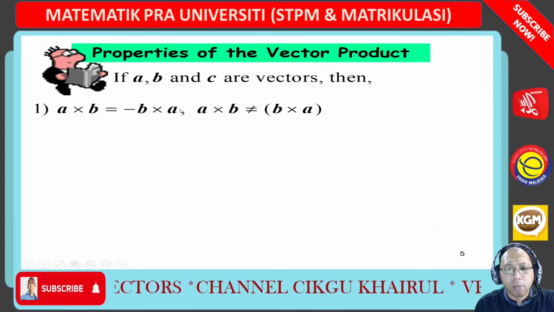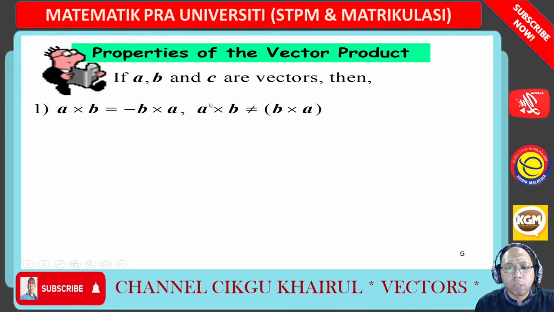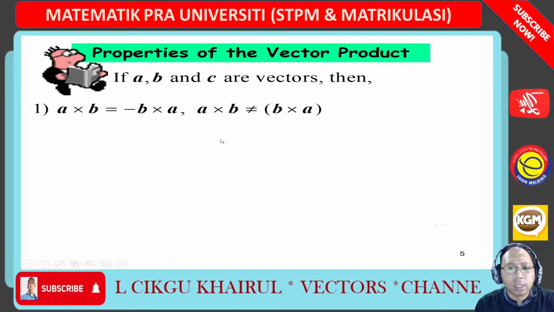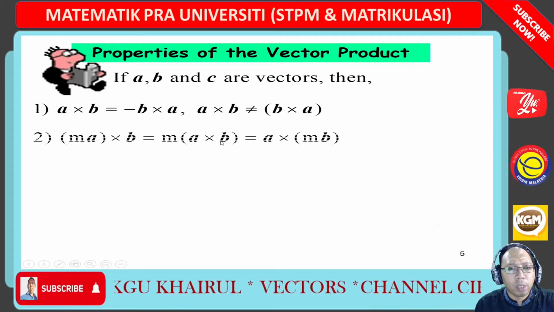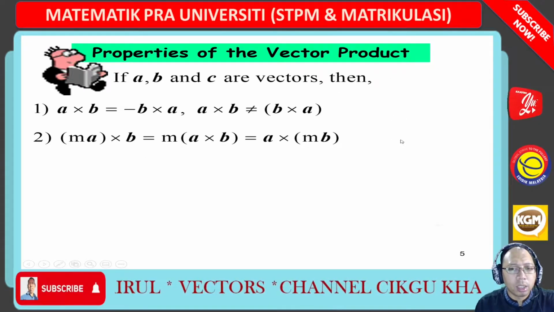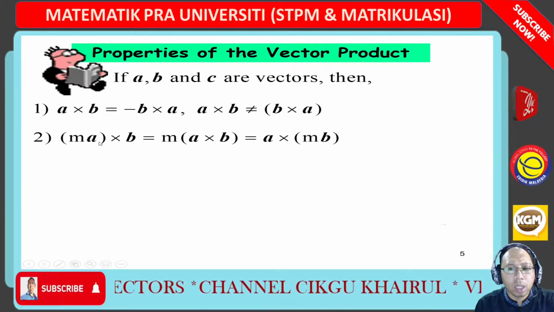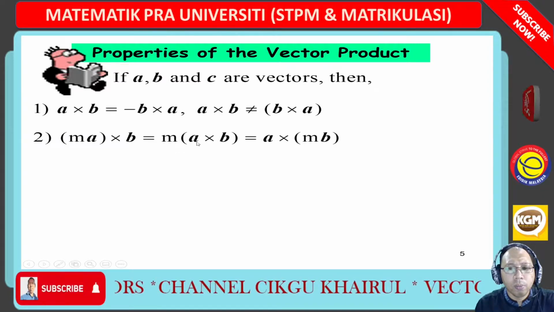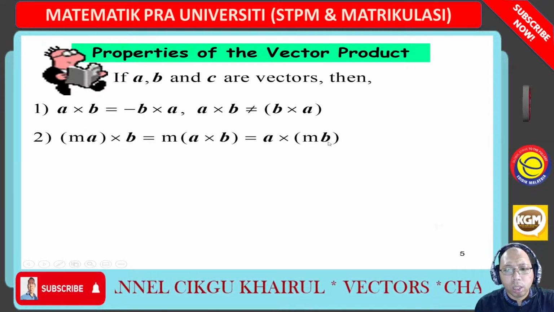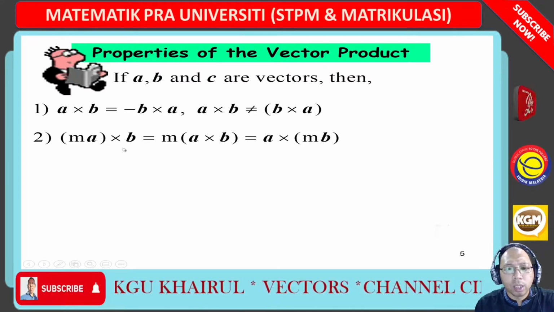Okay, this one is a vector, this one is also a vector. So A cross B is not equal to B cross A because this one is not a scalar. This one is a vector, so different. Okay, so be careful, bear in mind the difference between vector product and scalar product. So this one is a scalar. Okay, m(A cross B) equal to (mA) cross B, okay, equal to A cross (mB) because m is a scalar, so it doesn't matter.